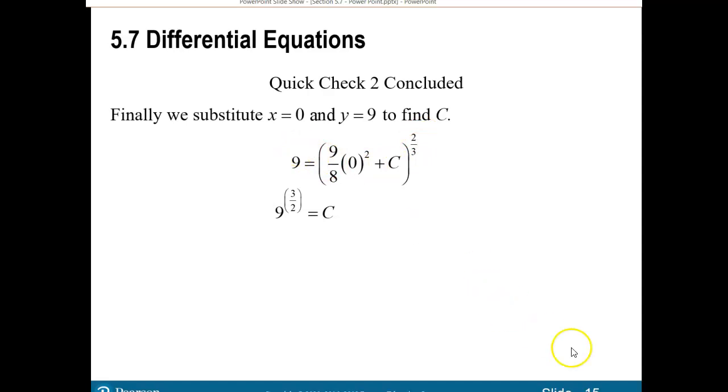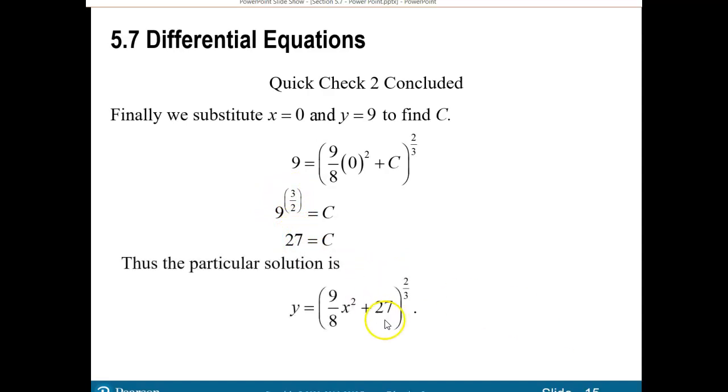So that means this side gets raised to the 3/2 power. And 9 to the 3/2 is 27, because a calculator could do that for you, but this really means the square root of 9, which is 3, then cubed. So 3 cubed, right? That's where the 27 comes from. And then we plug that back in to our answer, and that is our particular solution.